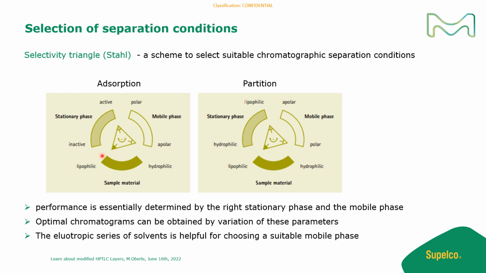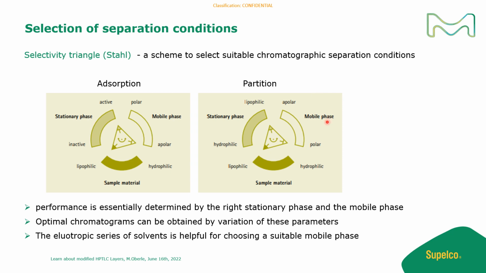So in the adsorption chromatography on the left picture here, to separate an apolar lipophilic analyte, the stationary phase should be active and the mobile phase should be apolar. Like dissolves like is the principle for the partition chromatography, shown here on the right side. If you know the chemical structure of your target analyte, you can easily define the polarity of your solvent.